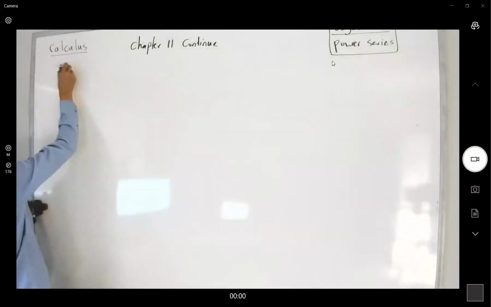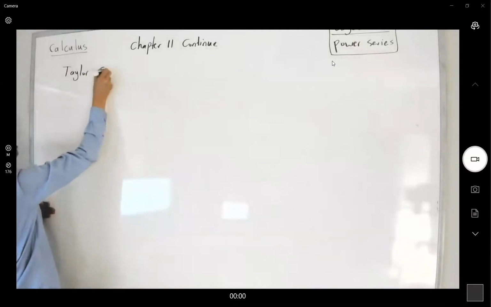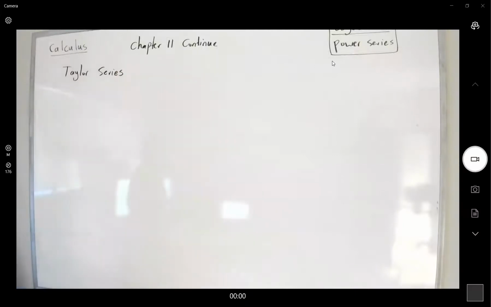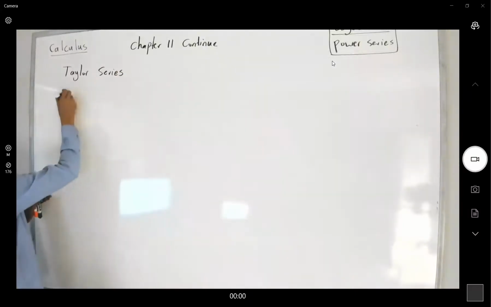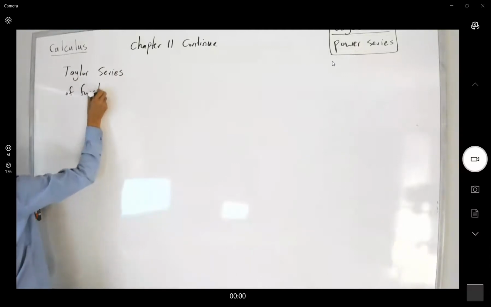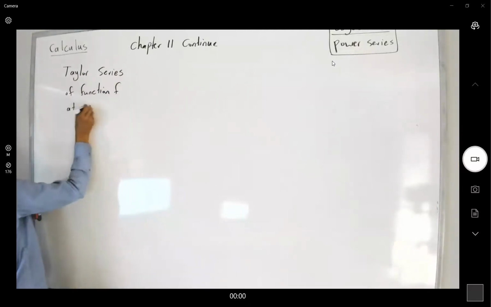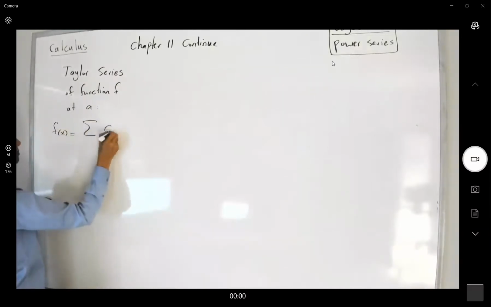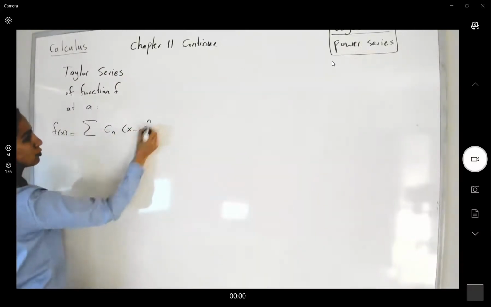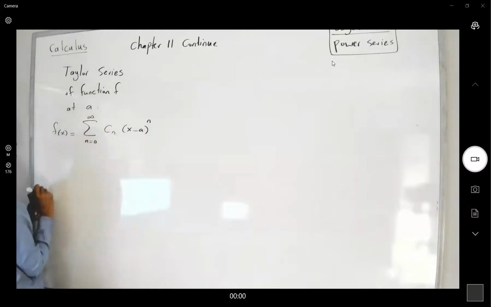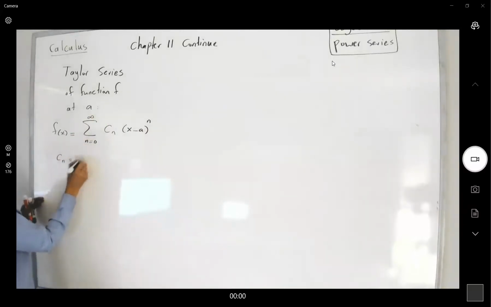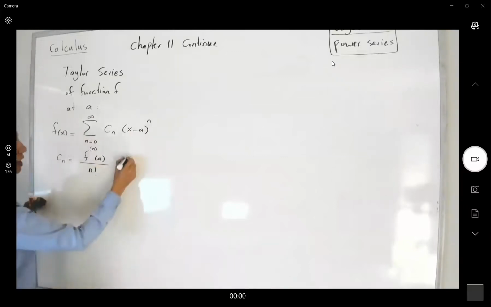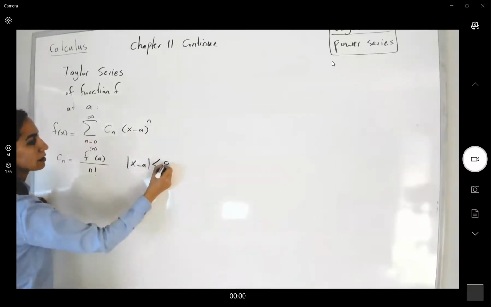So, Taylor series of function f at a: f of x is equal to the sum of c sub n times x minus a to power n, starting from 0 and going to infinity. c sub n is calculated as the nth derivative of f at a divided by n factorial, and the distance between x and a is less than r.